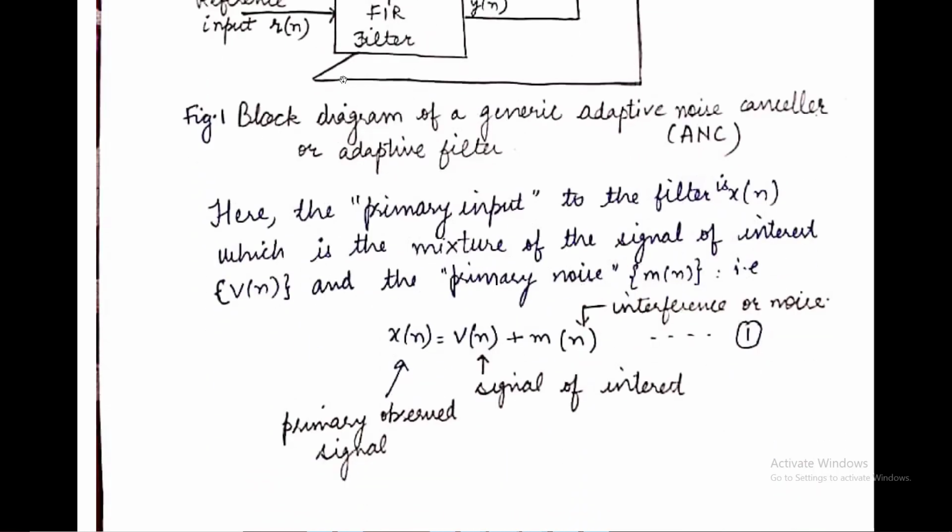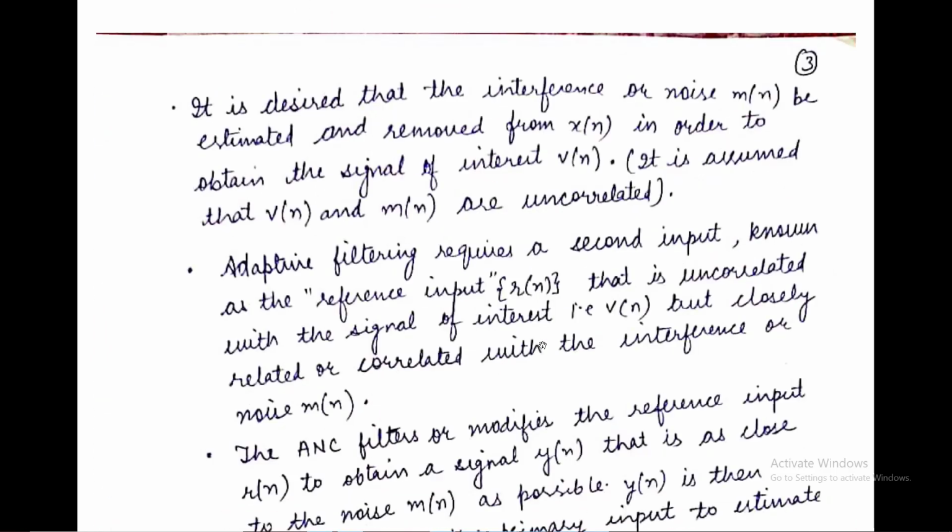That is, Xn is Vn, the signal of interest, plus Mn, the interference or noise. It is desired that the interference or noise be estimated and removed from Xn to obtain the signal of interest, Vn, and for that we are assuming that Vn and Mn, the signal of interest and the noise, are uncorrelated. This is the assumption we have to make.